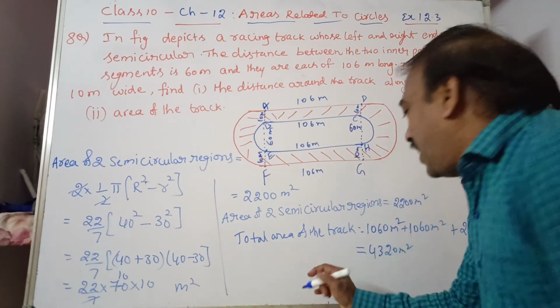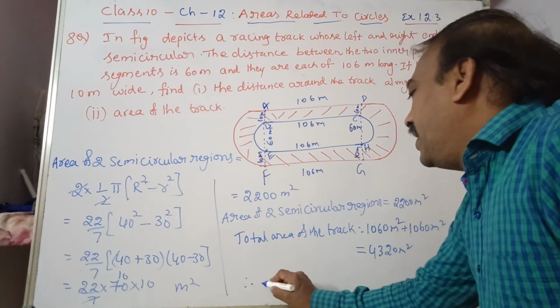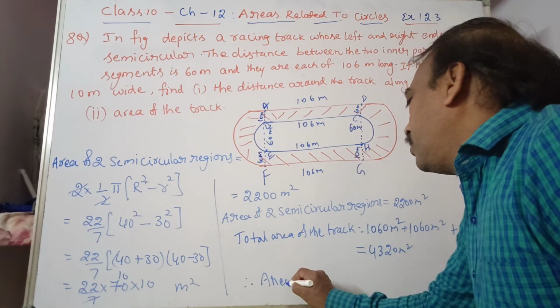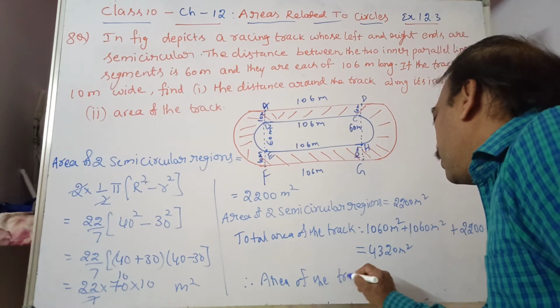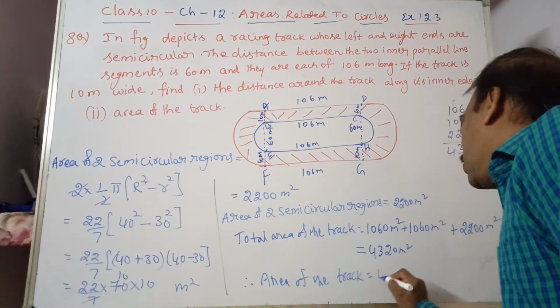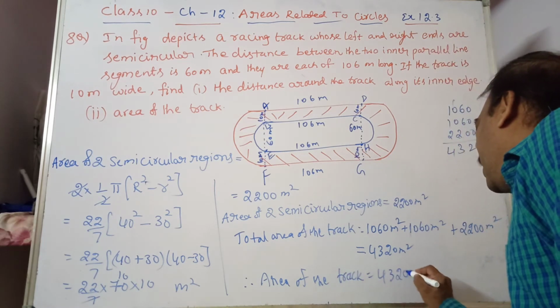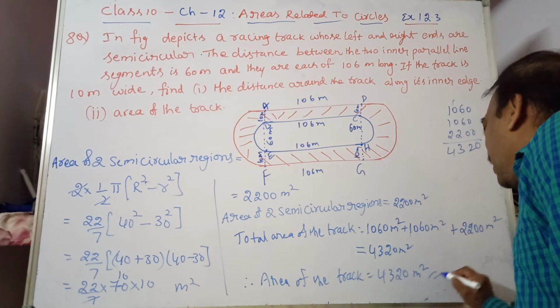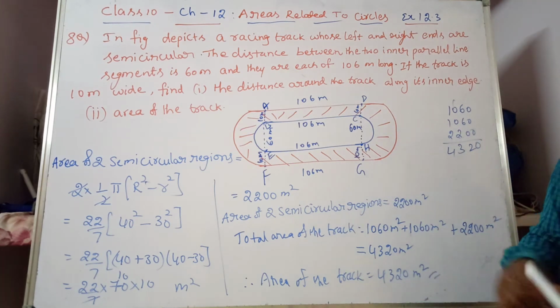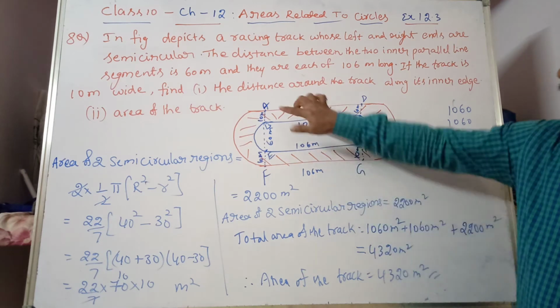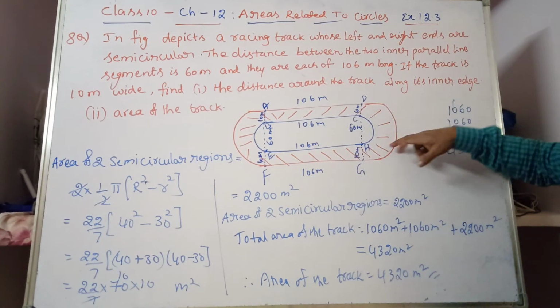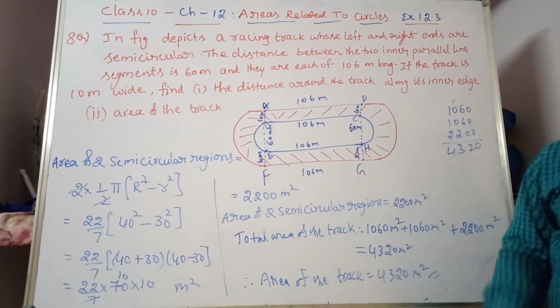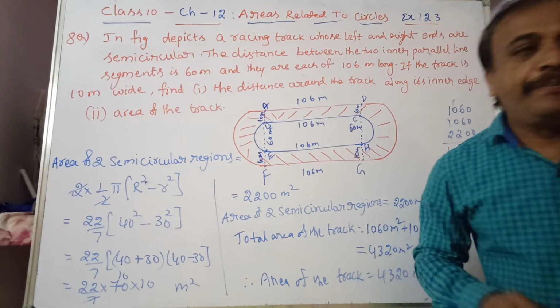Therefore the total area of the track is equal to 4320 meter square. I hope you understood. So it is the area of this rectangle plus area of this rectangle, plus area of this semicircular region plus area of this semicircular region. Clear?